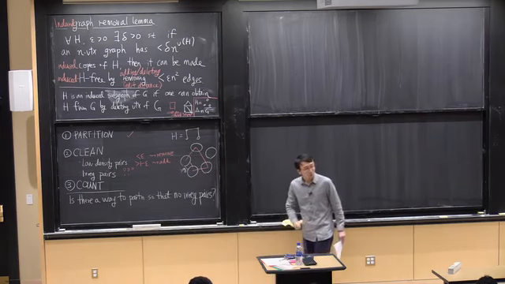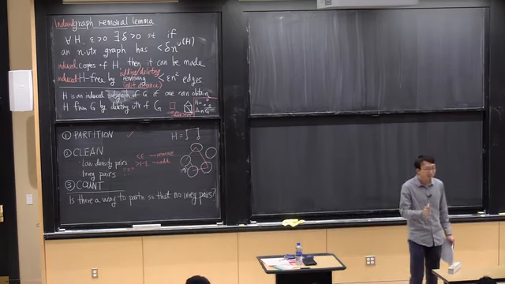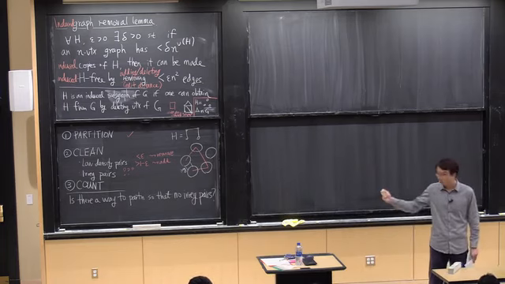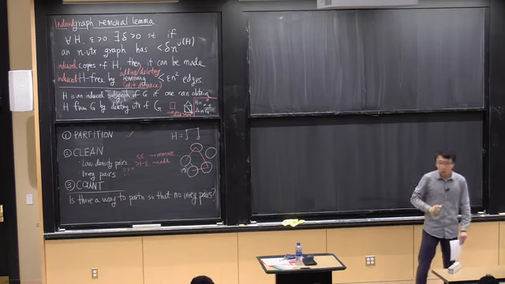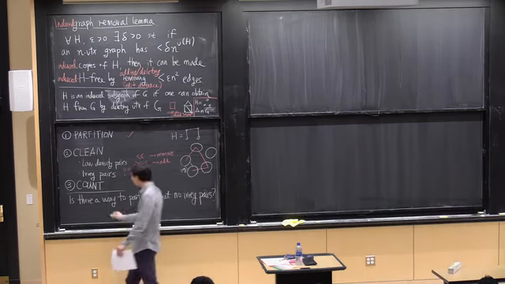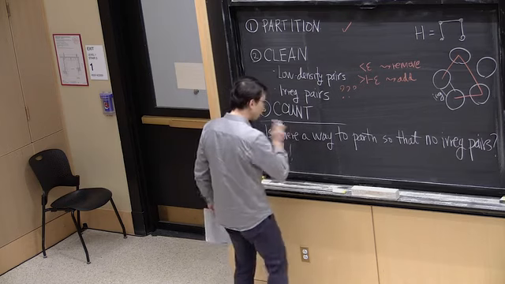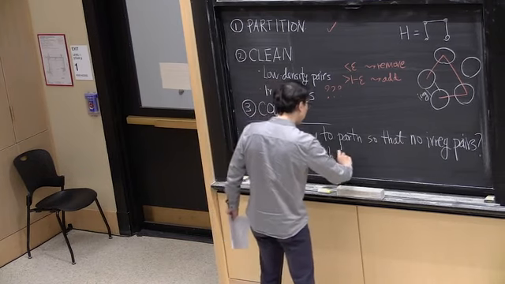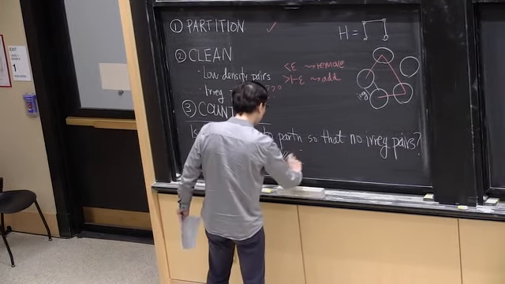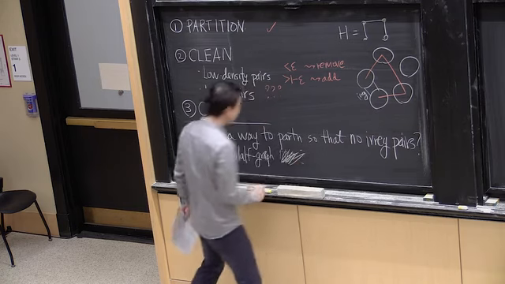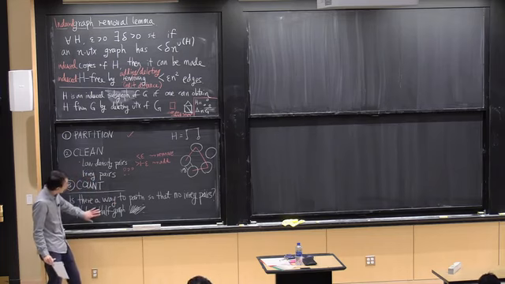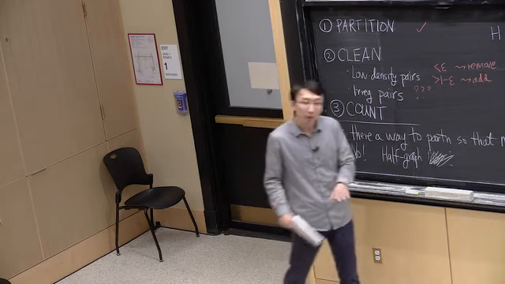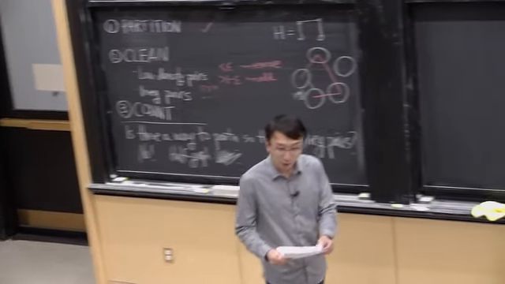For those of you who have started your homework problem on time, you realize that the answer is no. One of the homework problems is for you to show that for the specific graph known as the half graph, you cannot partition it so that you get rid of all irregular pairs. So irregular pairs are necessary in the statement of the regularity lemma.